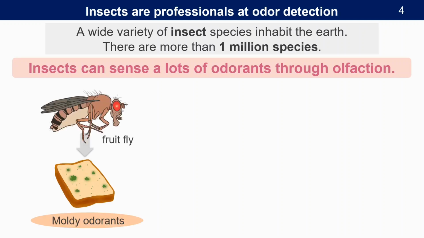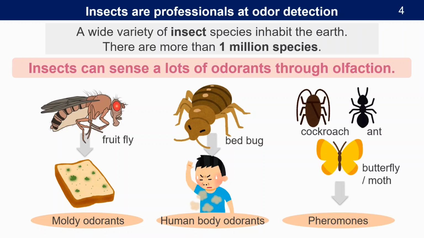For example, fruit flies. Maybe you have seen them at the sink in your kitchen. They can detect moldy odorants in order to avoid mold-contaminated food. Likewise, bedbugs and other insects respond to several odorants and pheromones. So we can say that insects are professionals at odor detection.